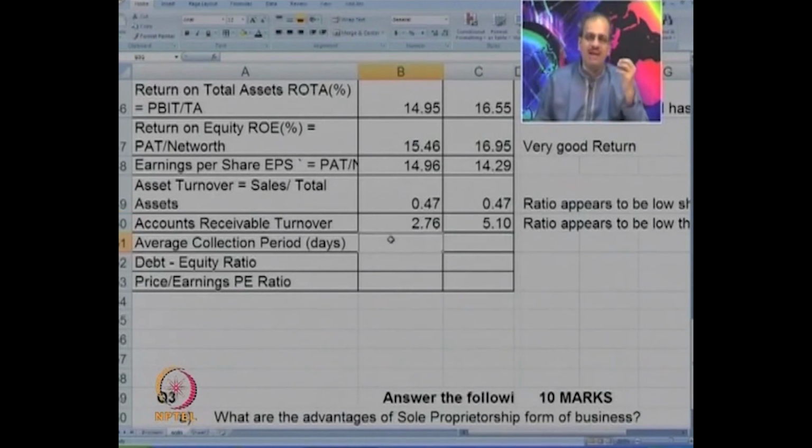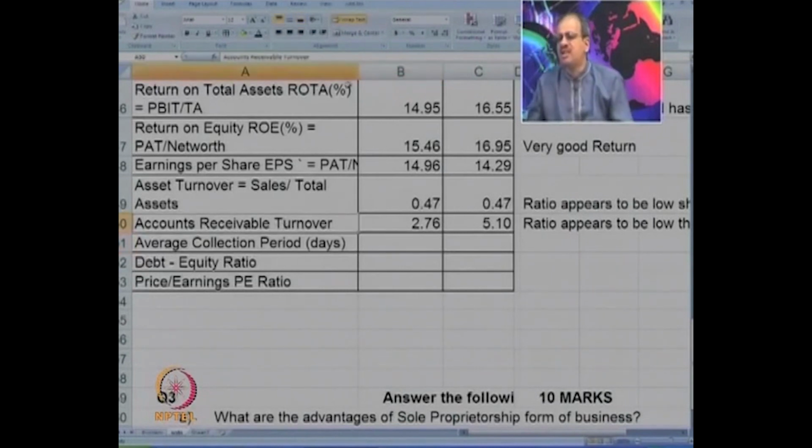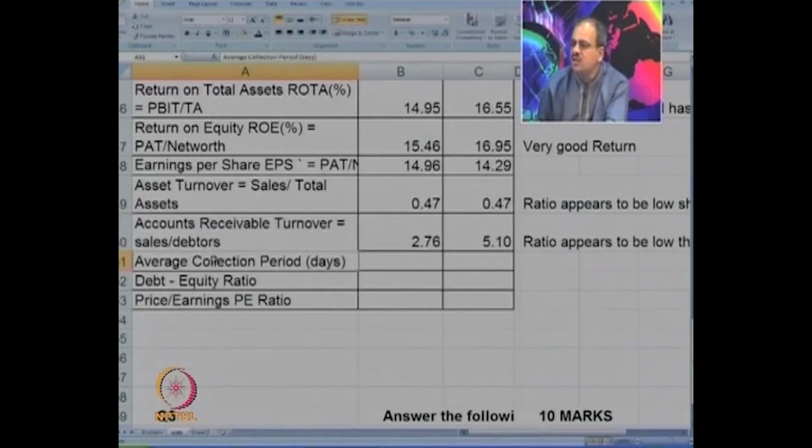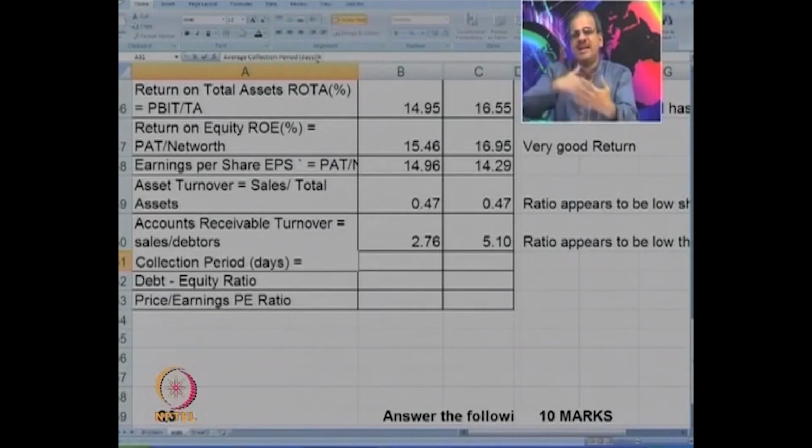Now, let us look at the average collection period. When you look at both the ratios together, you will realize why I am saying it is not so high or it is low. What is the formula for average collection period? I will just write the formula for debtors also for more clarity. In debtors turnover, it was sales upon debtors, that is accounts receivable. In case of collection period, we are going to do exactly the reverse.